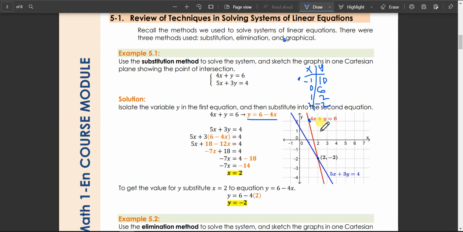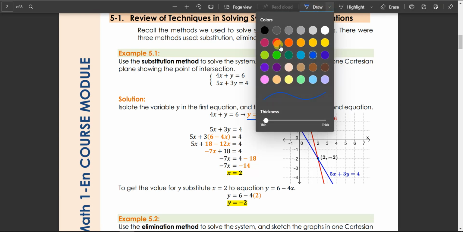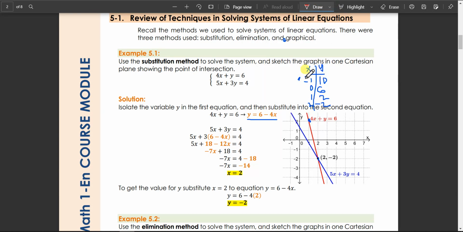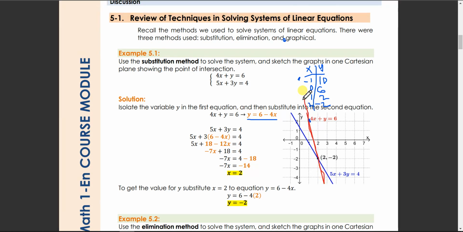If you connect those points that you assigned, you will get the line of the equation. You do the same for the second equation. That is by the use of the graphical method.